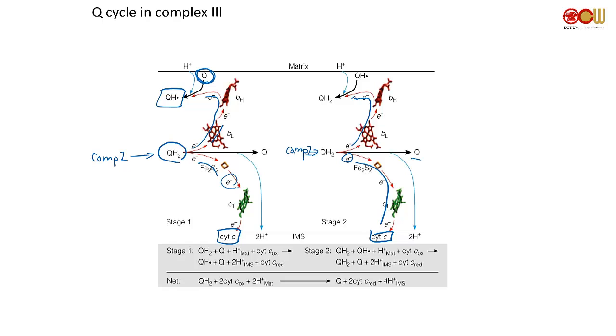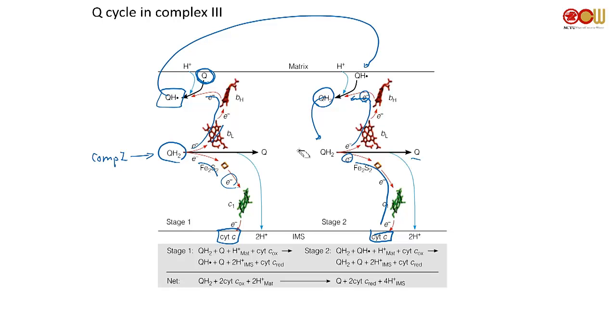Now, however, this time the Q radical can come in, react with this electron, and you form a QH2. And then QH2 can do this. Okay, so this is why it's called the Q cycle.